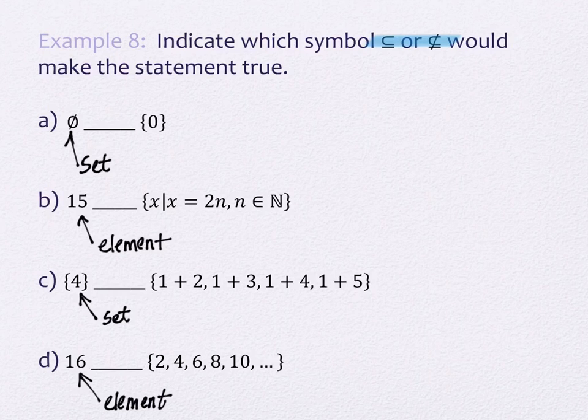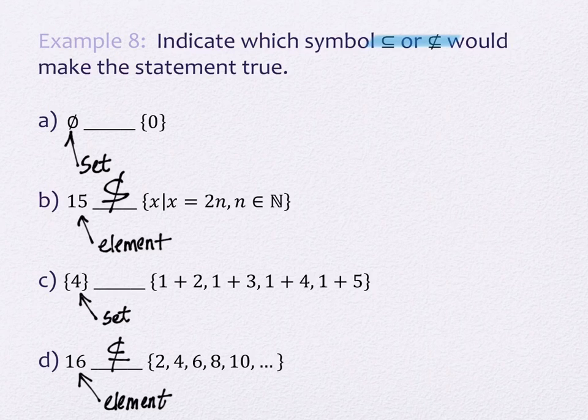So the ones where I wrote element are automatically not subsets because they're not sets to begin with. Are you with me? Okay, so I got to make sure I'm talking about a set before I can even pretend that it might be a subset. It's like I got to make sure that I'm talking to a woman before I even pretend to ask if she's a mom. I mean, it doesn't make any sense.